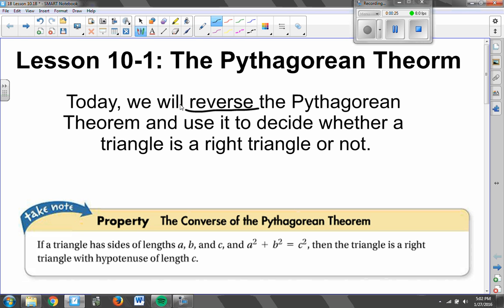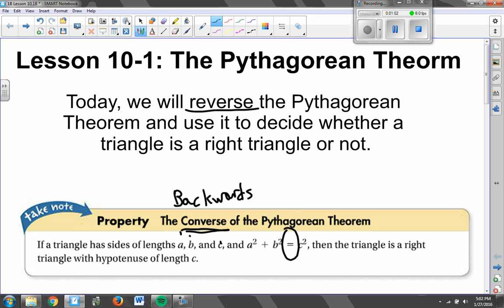So we have this property, which is the converse, which means the backwards version of the Pythagorean theorem, which says, if you have a triangle and its side lengths a, b, and c fit into this formula, a squared plus b squared equals c squared, then the triangle is a right triangle. If they don't fit into that formula, if the two numbers are not equal, it is not a right triangle.